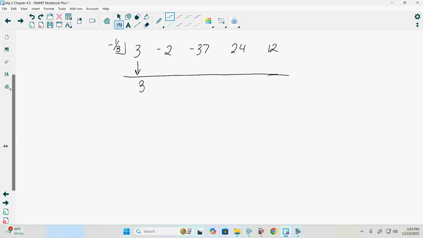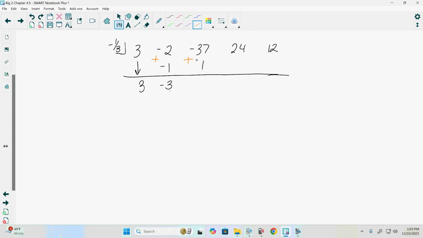And at this point, if you need to use the calculator, use the calculator, because we're doing our -1/3 times 3, and that is -1. Then we add those two numbers together. -2 plus -1 is -3. -1/3 times our -3 is going to give us +1.